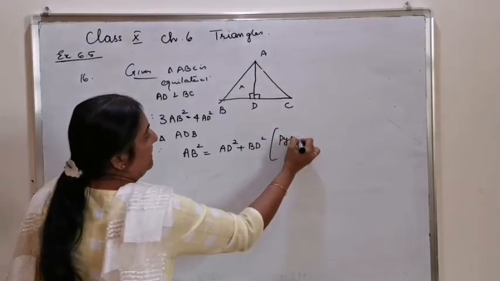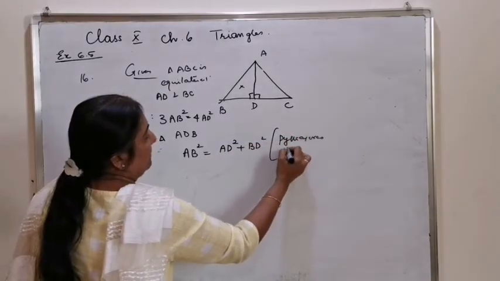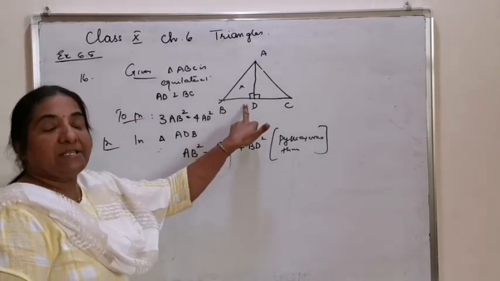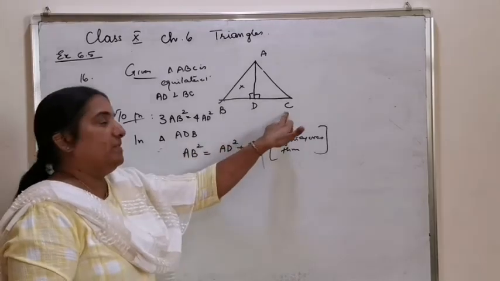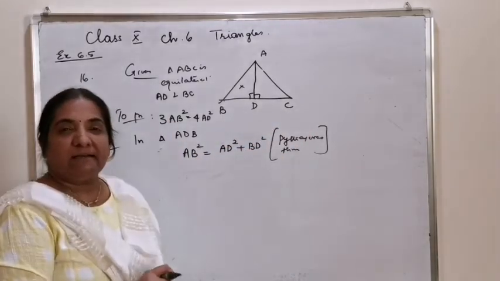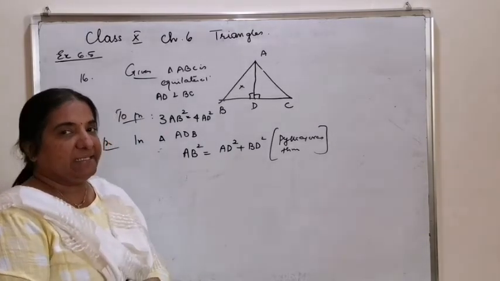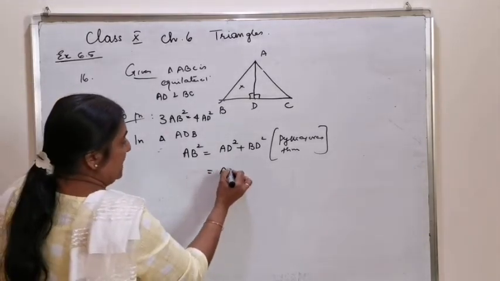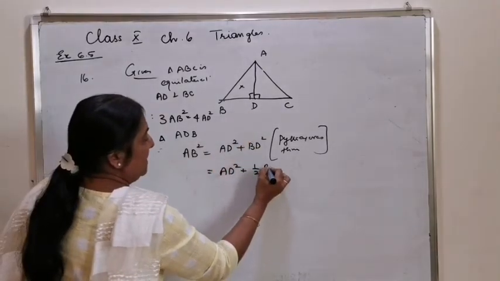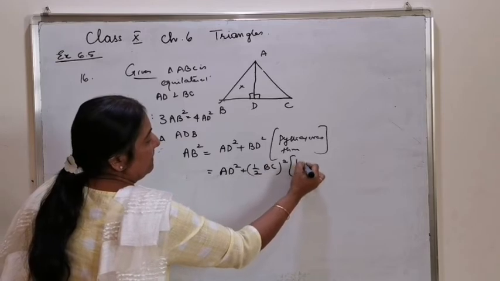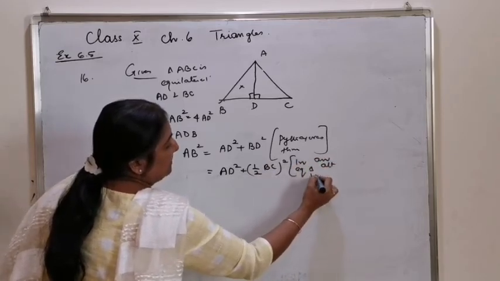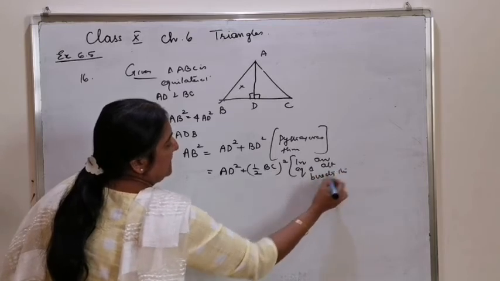BD has to be replaced in terms of the side BC by the same property of in an equilateral triangle, altitude bisects the base, which is the same as AD square plus, instead of BD you can write it as half BC the whole square. In an equilateral triangle, altitude bisects the base.